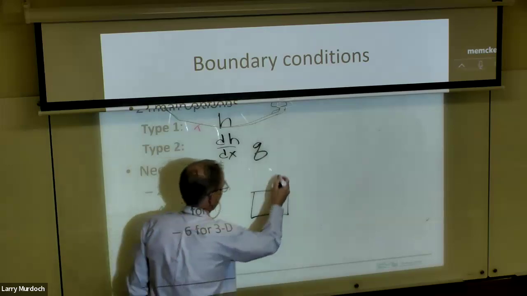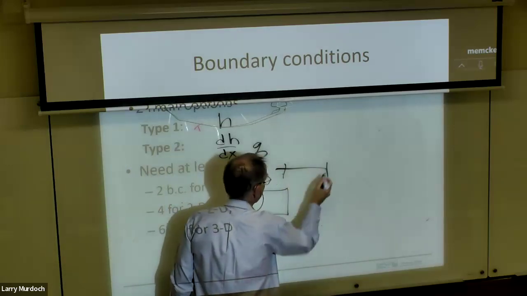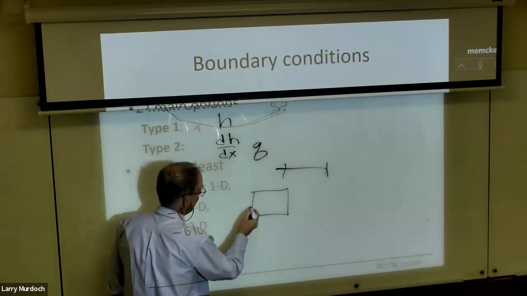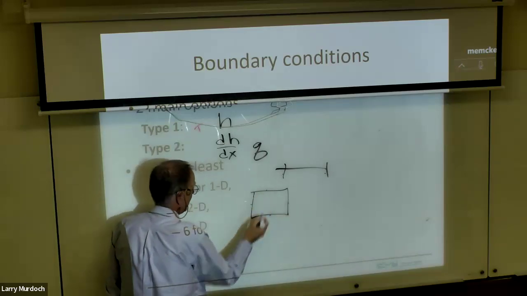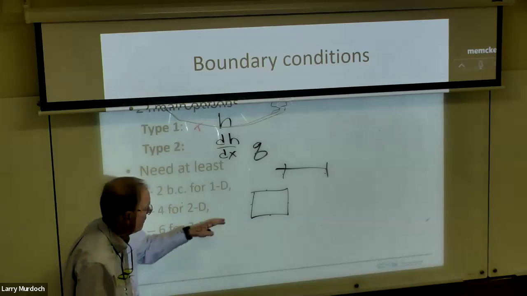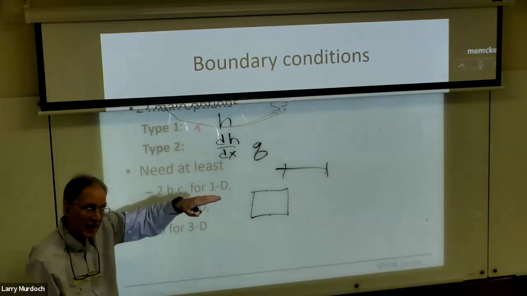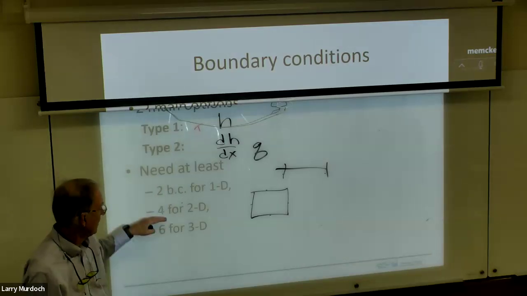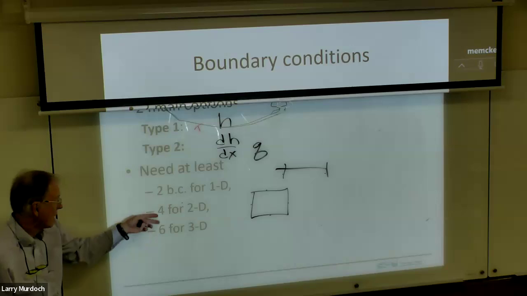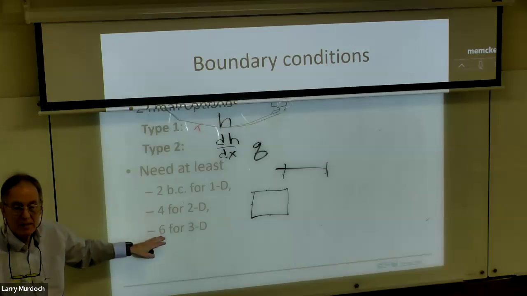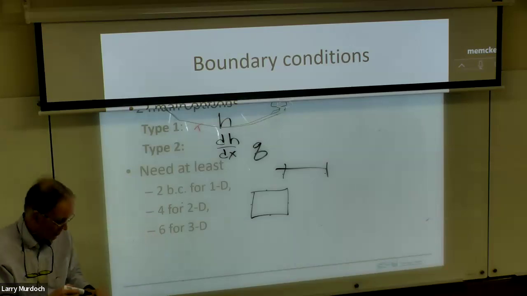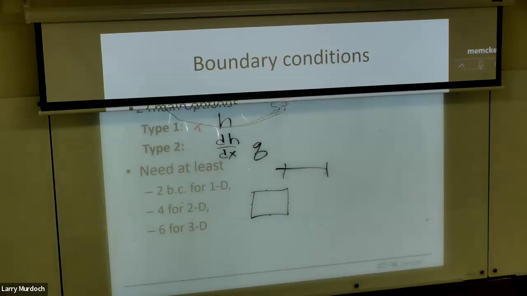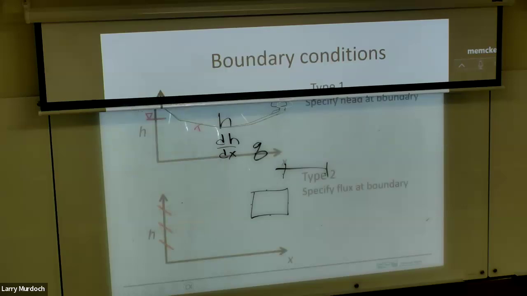If it's 1D, we need a condition here and a condition here. If it's 2D, we need a condition here and here and here and here. If it's 2D, we've got a second derivative in X and a second derivative in Y. So we think about integrating both of those, and we need then 4 constants, and for 3D, we would need 6. So we can have those conditions, and we can have these different types.